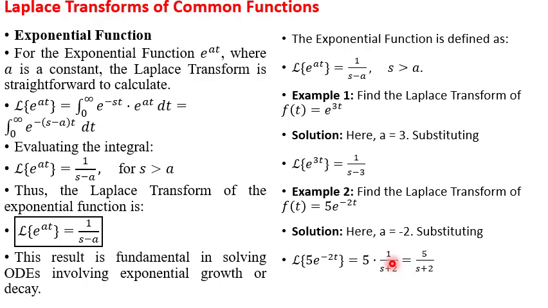So minus times minus simply becomes plus, and that is how we got this. So 5 times 1 gives us 5 all over, and we simply write s plus 2, and that is the answer to finding the Laplace transform of the function of t here.